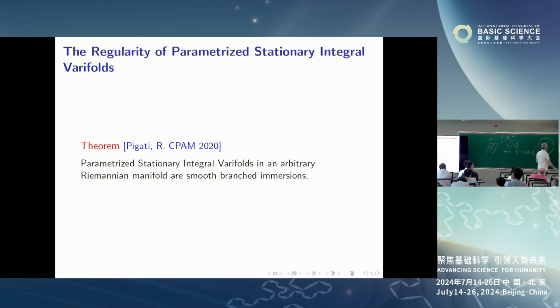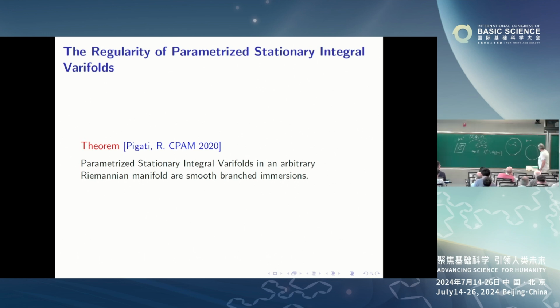Let me give you one example, even in 1D. I'll give you a classical example of a stationary varifold which is singular. This is supposed to be S2. You take half geodesics, so you take a meridian, you take another one with an angle of 120 degrees, and a third one behind with also, again, 120 degrees.